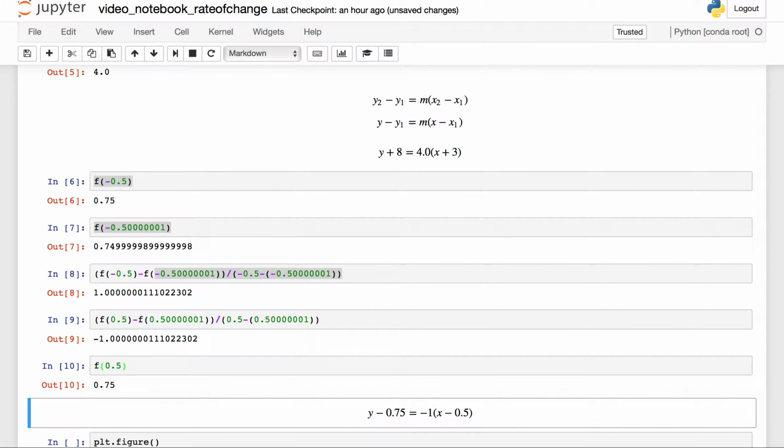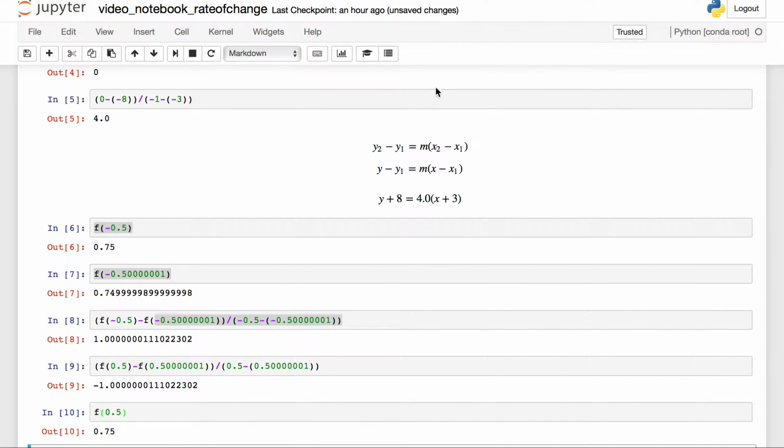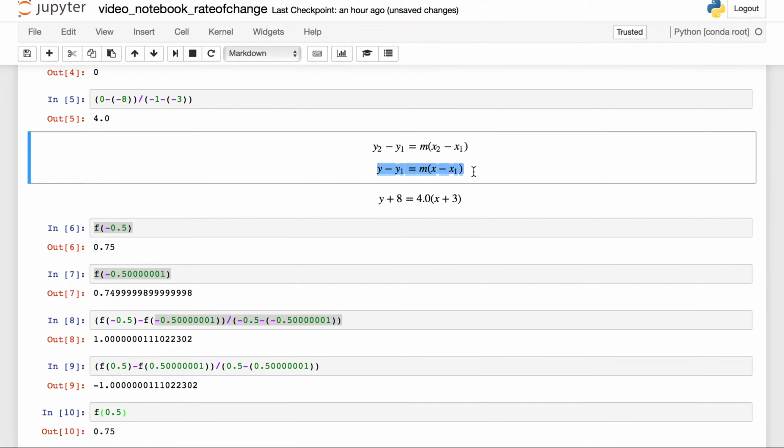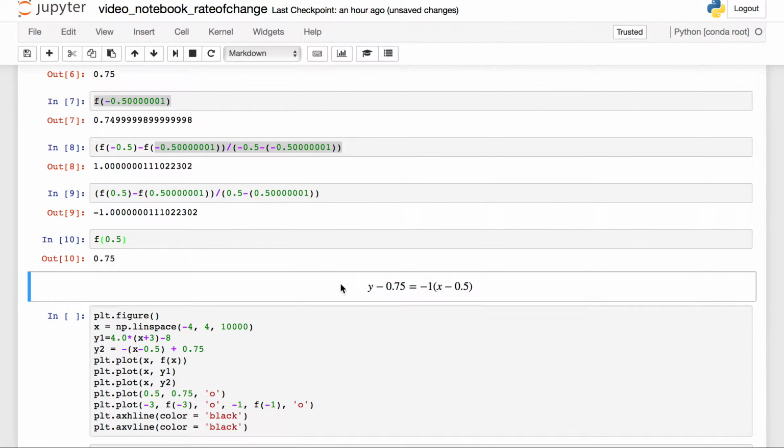So I need a point and a slope. I have my slope as negative 1, and here's my point, x equals 0.5, y equals 0.75. Similarly, we'll use the same point slope format, and we get this equation: y minus 0.75 equals negative 1 times x minus 0.5.